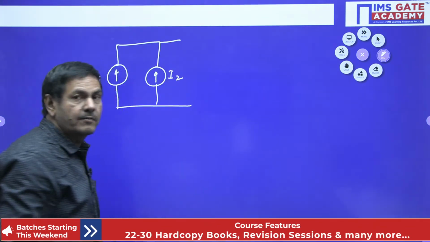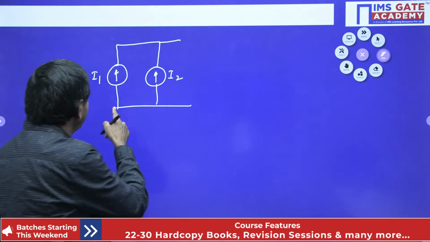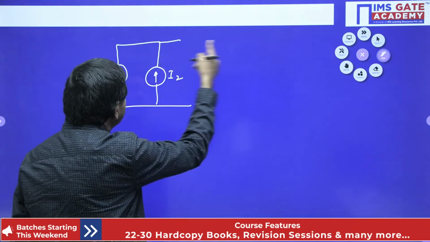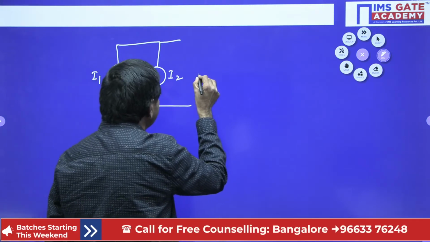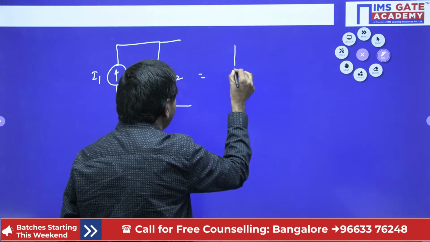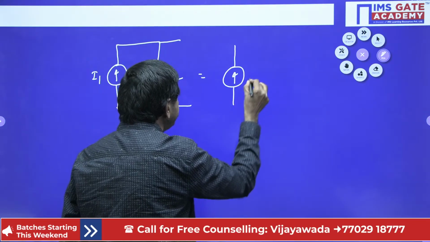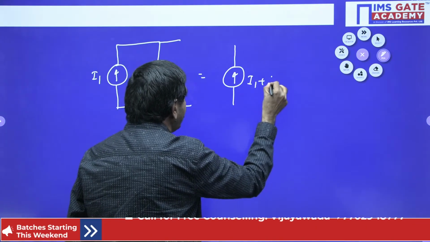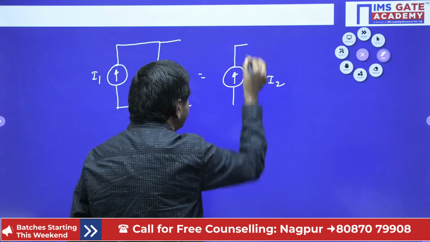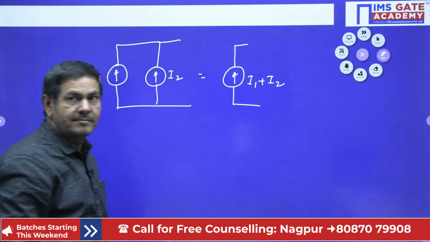How can we draw the equivalent circuit? This side the current I1 comes, this side I2 comes, and in total it becomes I1 plus I2. It is acceptable. I can draw it in this way. Like that we can draw one.